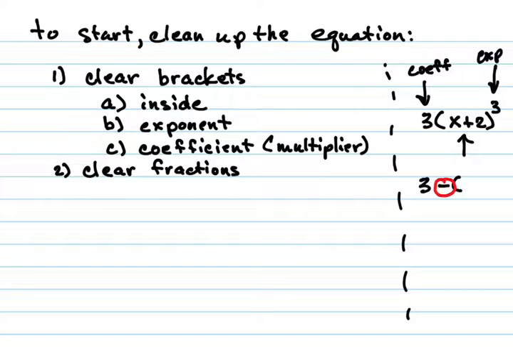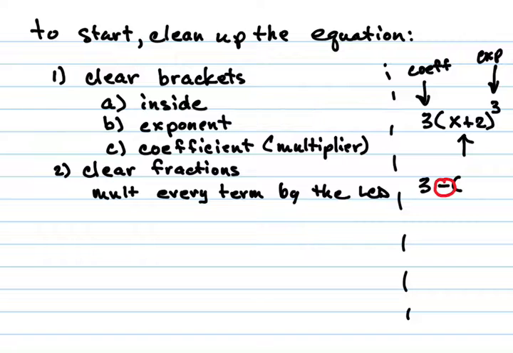What operation does the fraction bar actually mean to do? Divide. And what is the opposite of divide? Multiply. So all you're going to do is simply multiply every term by the least common denominator, LCD, least common denominator.